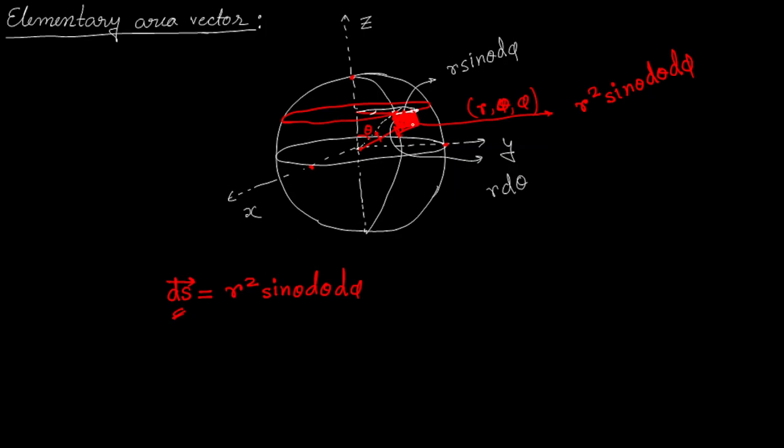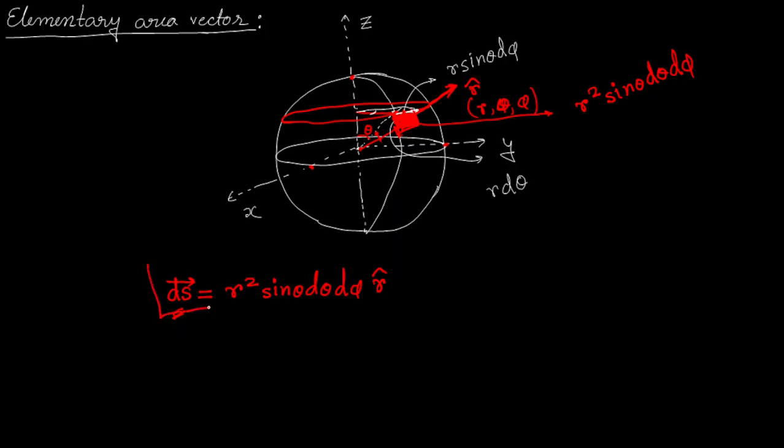Imagine you are inside the sphere and you want to draw an outward normal at any point on the spherical surface. Which direction will it be? It will be along r cap, radial outward. So in this case, this will be r cap.